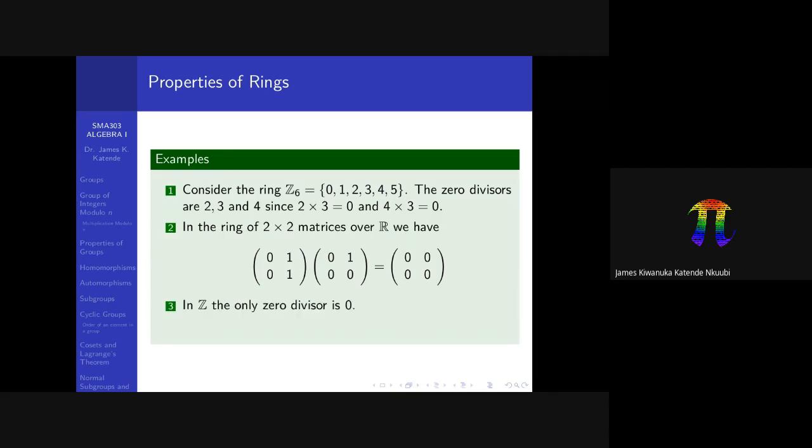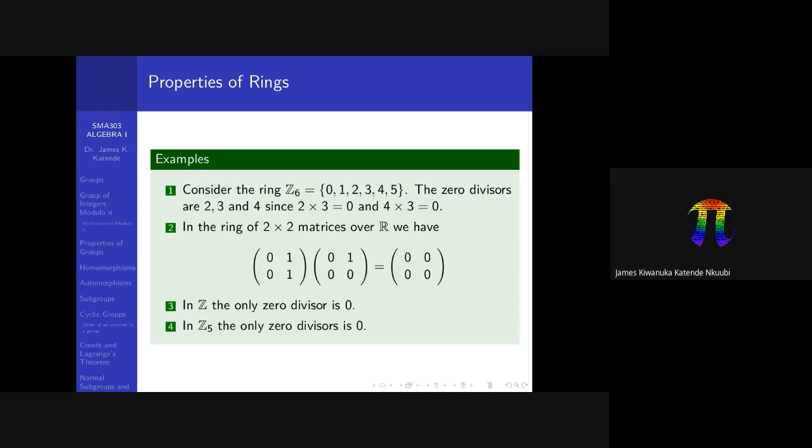So in the ring of integers, the only zero divisor is 0. And this is true for any integral domain. You have an integral domain, the only zero divisor will always be 0. The same is true in Z5.